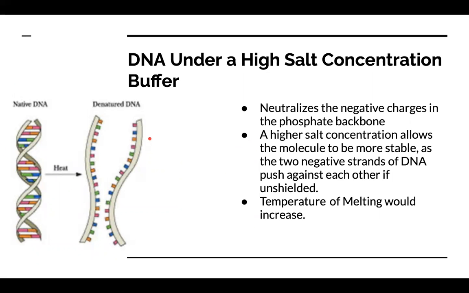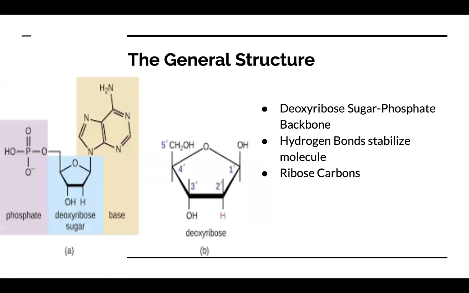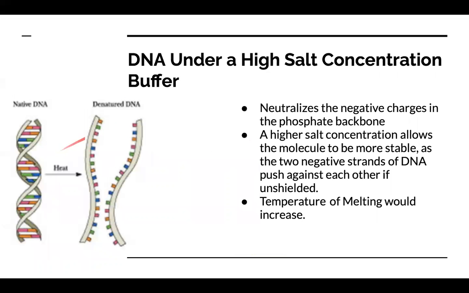DNA itself is a negatively charged molecule because of, if we go back here, the phosphate group. This phosphate group has a negative charge, but if we place that molecule into a high salt concentration buffer, that negative charge is neutralized.